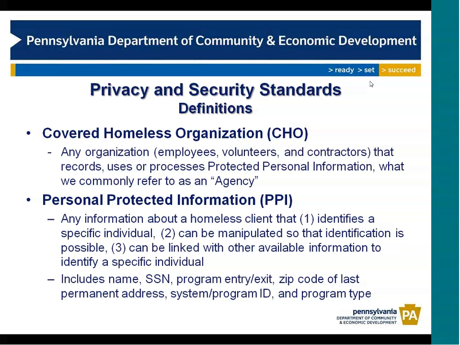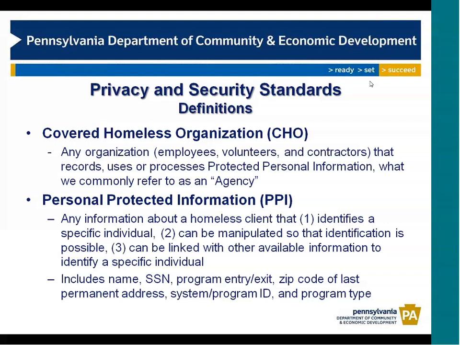Now, PPI, personal protected information, this is any information about a homeless client that, 1, identifies a specific individual, 2, can be manipulated so that identification is possible, or 3, can be linked with other available information to identify a specific individual. Any of the following examples fall under the coverage of PPI, or personal protected information.